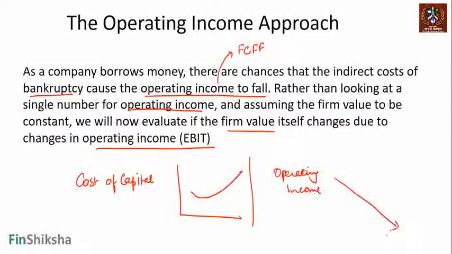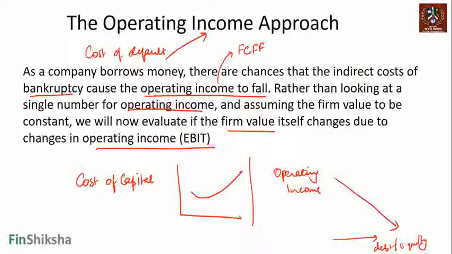This will basically keep going down with an increase in the debt to equity numbers, right? So as you keep taking debt, the bankruptcy costs keep increasing. So the costs of default or bankruptcy, as we have seen, will keep going up, and consequently the operating income will keep going down.